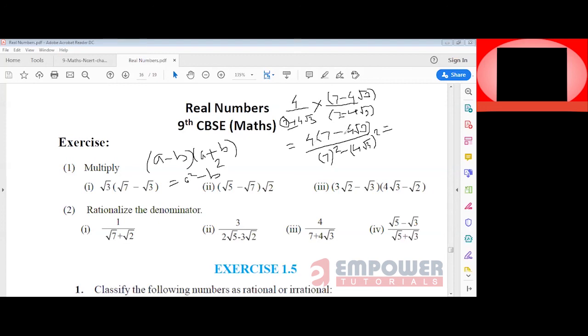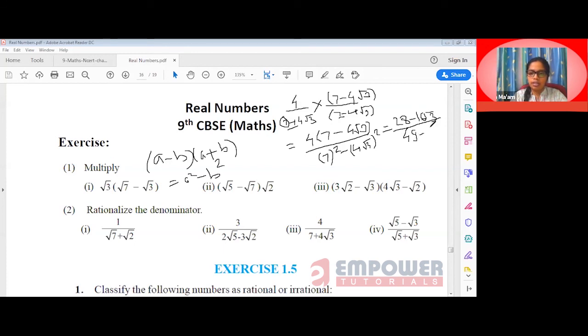4 into 7, so this will be 28. Okay, now minus 16 root 3, correct, very good. What will be the denominator? 49 minus 48. 16 times 3 is 48. Right?